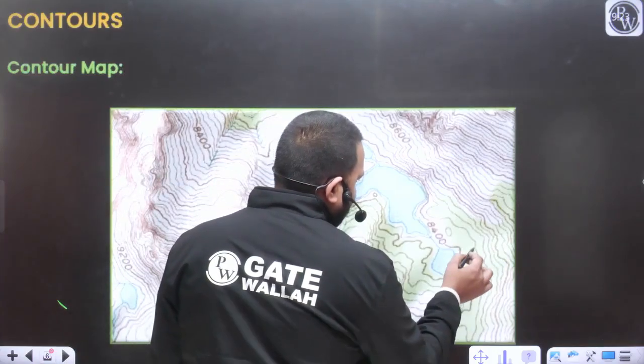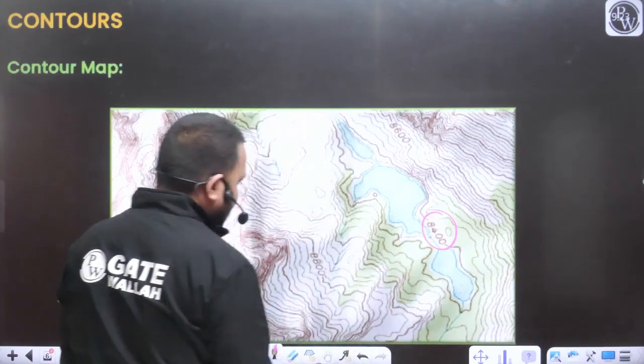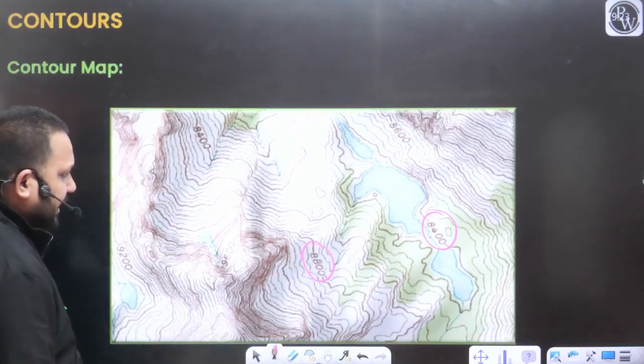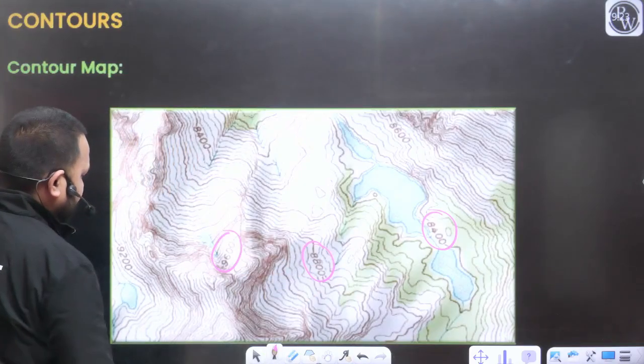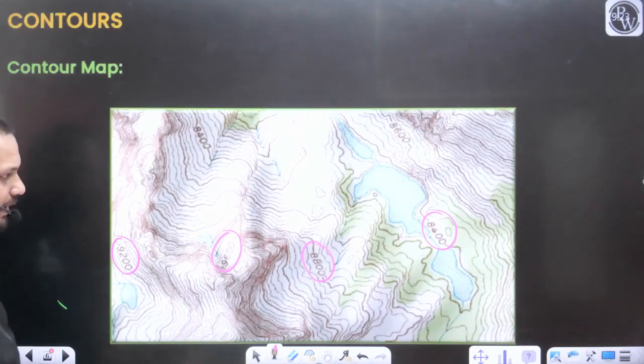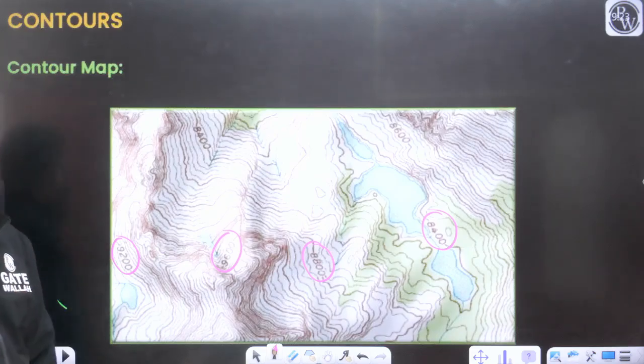Here the elevation you can see is 8400, at this point the elevation is 8800, at this point the elevation is 9600, and again here the elevation is 9200. Yes or no?